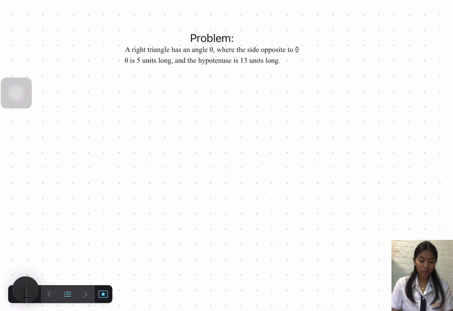So let's start by drawing the right triangle. Our hypotenuse is the longest, and the opposite would be the opposite of the hypotenuse.